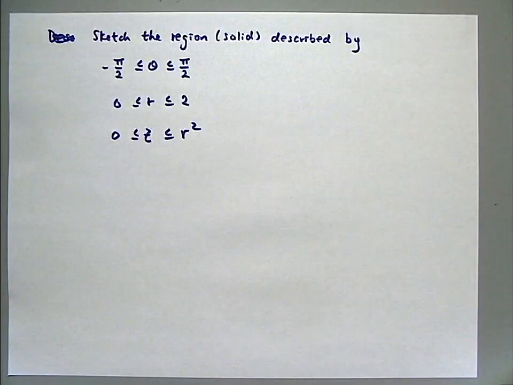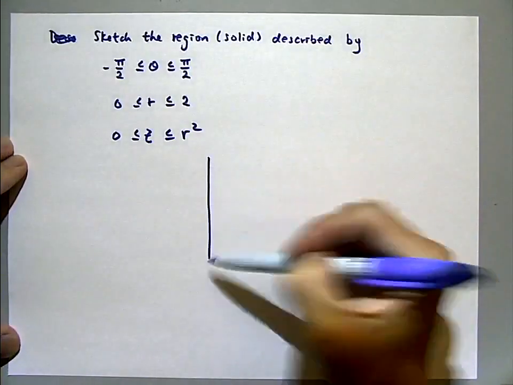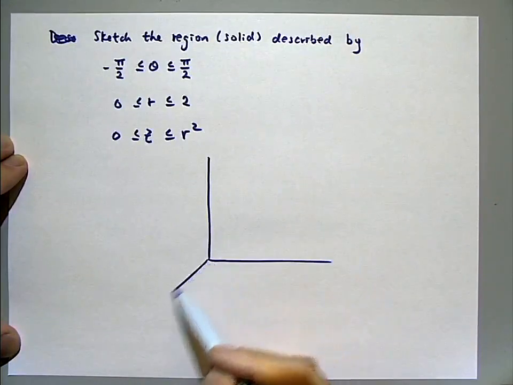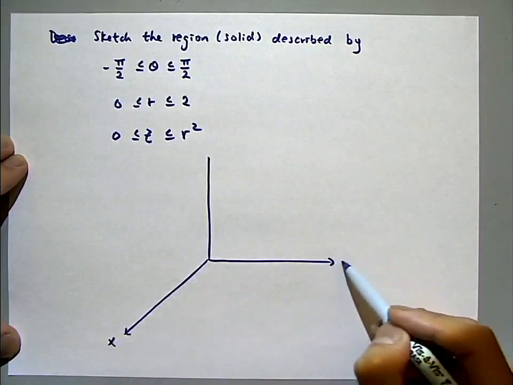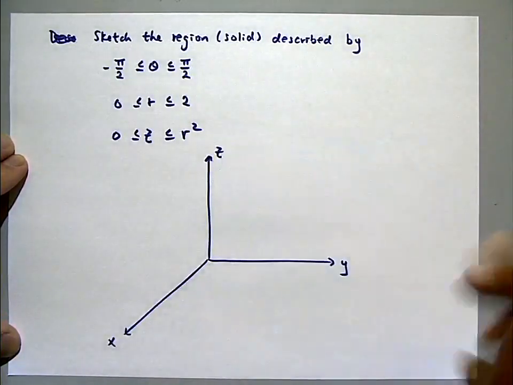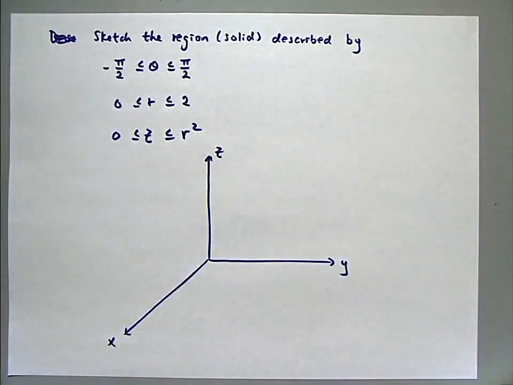Theta is between minus pi over 2 and pi over 2. And r is between 0 and 2. And z is between 0 and r squared. Okay?